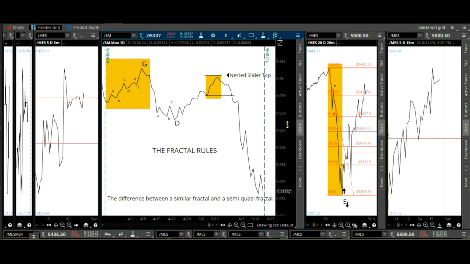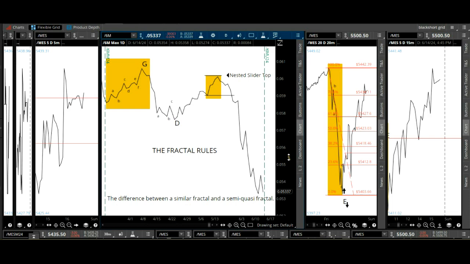Maybe after 6, fellowship, another 3, 9, 10 years. You'll become a doctor. Okay? If you're going to become a trader, you're not going to do it overnight. Okay? You have to learn the difference between a similar fractal and a semi-quasi fractal.